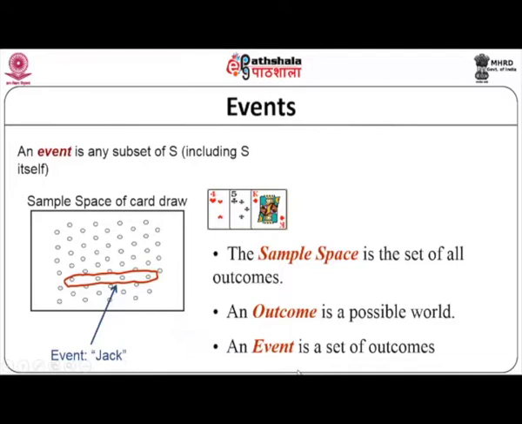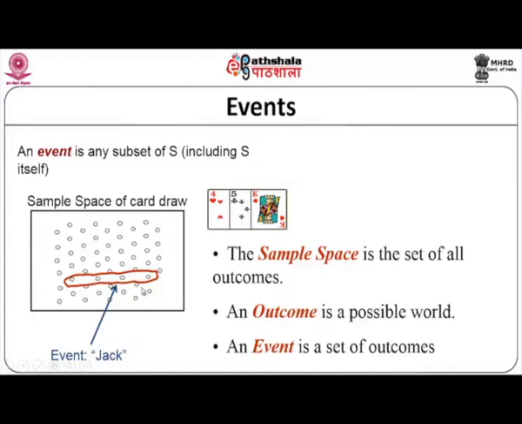Having understood what a sample space and an outcome are, now let us get to know what an event is. An event is any subset of S, where the whole set itself may also be considered a subset of S. For example, from a deck of cards, we know what the sample space is. Now, from this sample space, we can identify a set of outcomes.